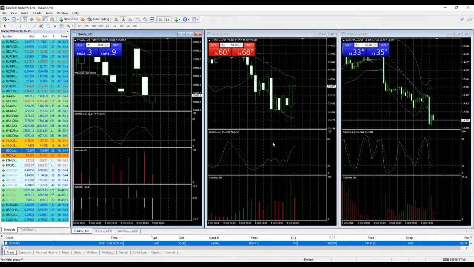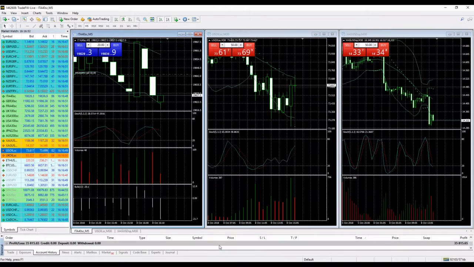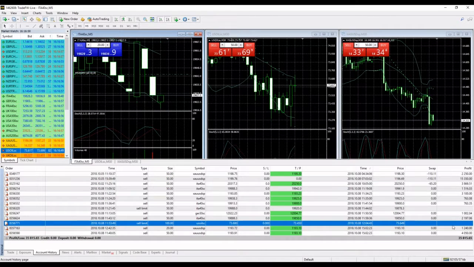The Italy 40 trade is still running. The gold trades closed by now, and we increased our profits to $35,815. It's a nice number.